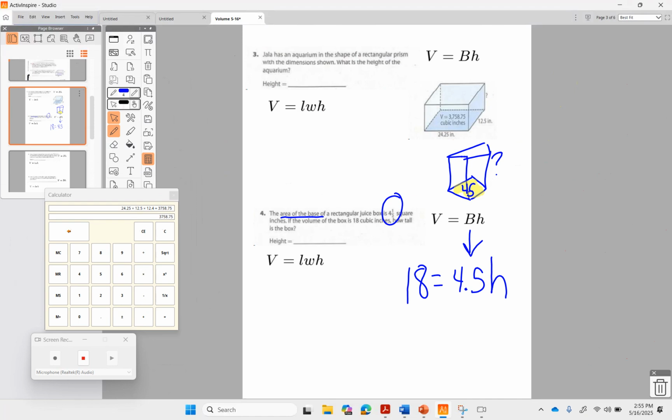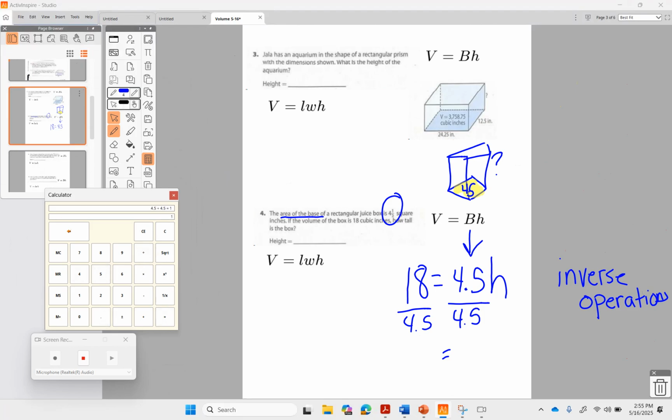Again, I need to use inverse operations. The inverse, the opposite of multiplication, is division. I'm going to divide both sides by 4.5. If I look at the right-hand side of the equation, 4.5 divided by 4.5 is 1. If you don't believe me, use a calculator. It's 1.